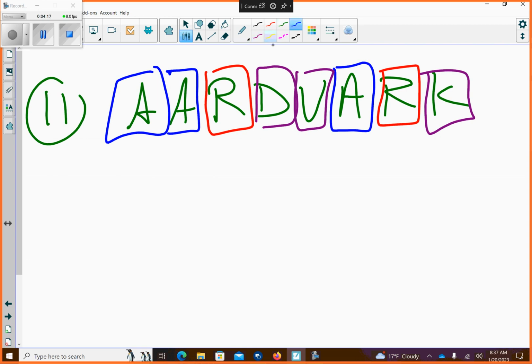So I put all those tiles into a baggie that I can't see in. I shake it up and I pull them out. The probability that I pull an A out first is, well, I have 3 A's, so I have a 3 in 8 chance of pulling that out. Okay? And then to pull the second A out, there's 2 A's left in there, so that's 2 out of 7. Then if I want to pull the R out, I have 2 R's, so there's 6 tiles left in there.